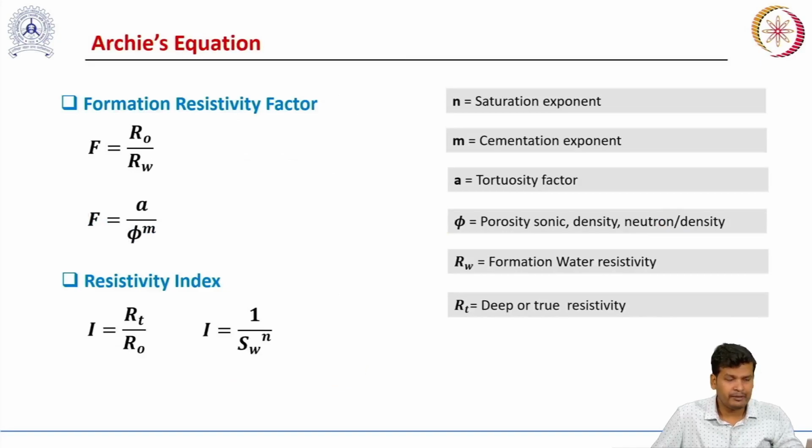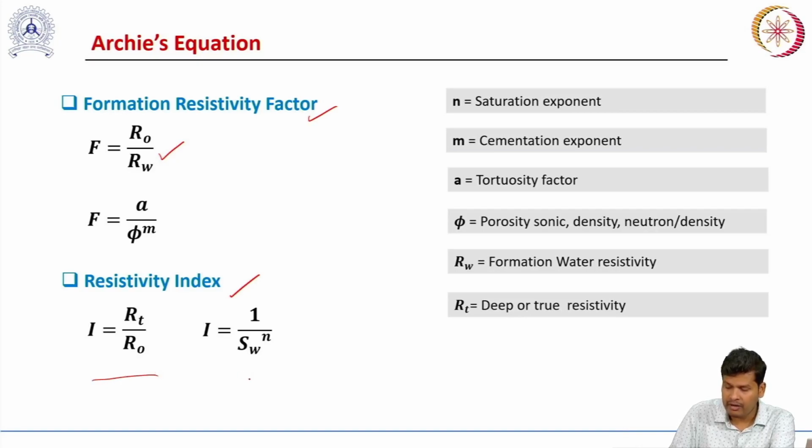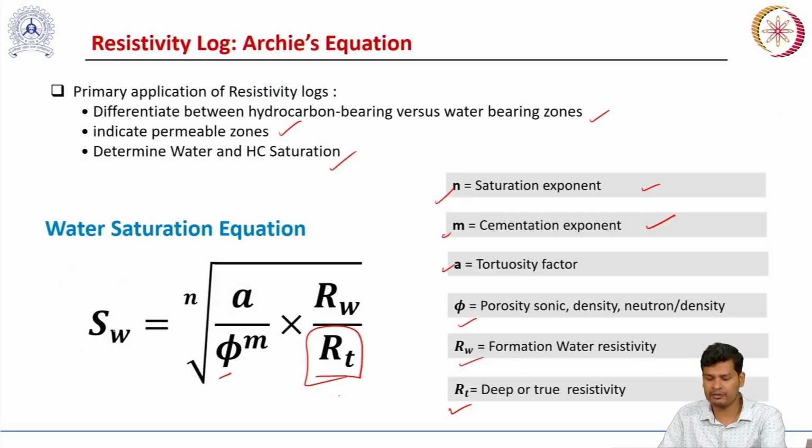So, for example, if we consider the two fundamental equations, formation resistivity factor and resistivity index, where F is equal to Ro by Rw, and F is related to porosity as F = a divided by phi to the power m, where m is the cementation factor, and I is Rt by Ro, or 1 divided by Sw to the power n, where n is the saturation exponent. These two equations, F and I, are combined in this equation to calculate the formation water saturation.